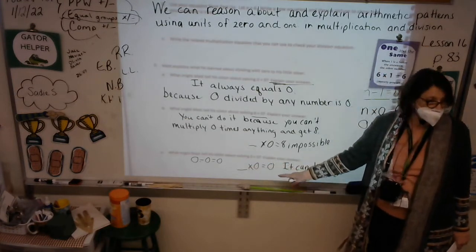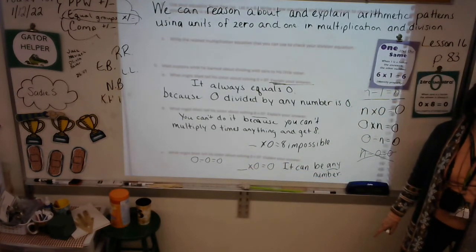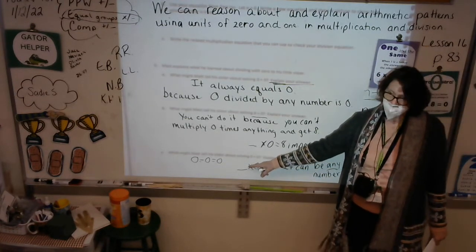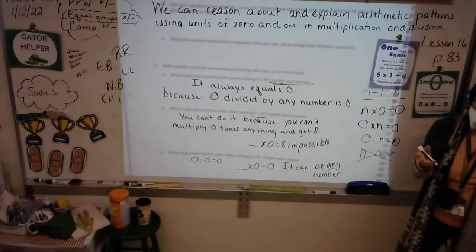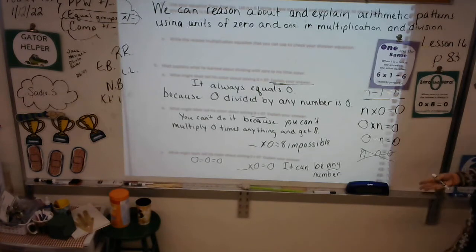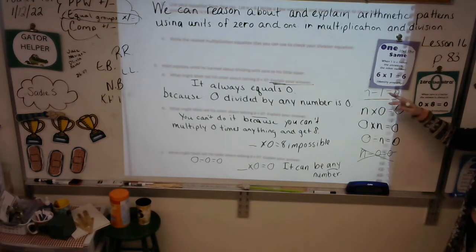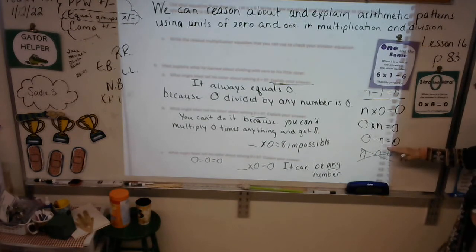Because 72 times 0 is 0. You could put 1 in here. Why? Because 1 times 0 is 0. So I kind of like your idea. That's one of our patterns. One of our patterns is 0 divided by n equals 0. So one of the numbers can be any number in the world.